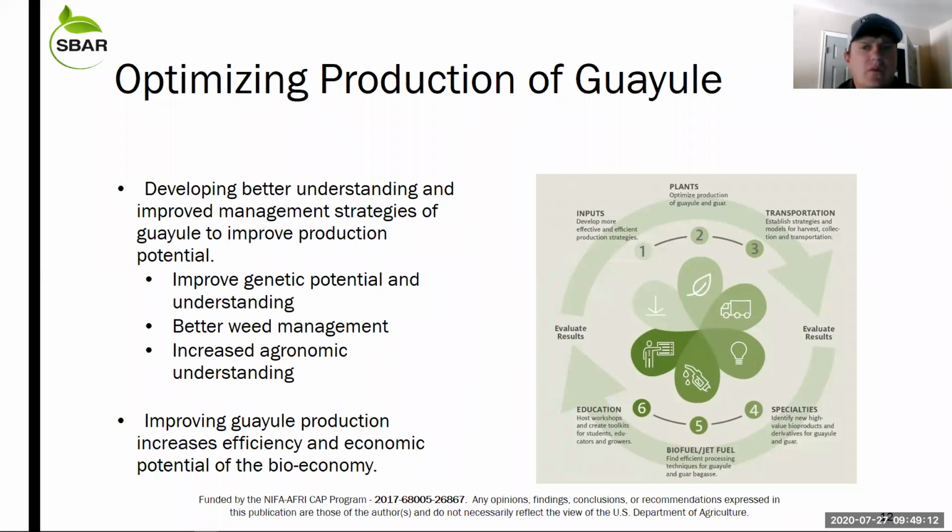And overall, what I'm focusing on is just an increased understanding of our agronomics and what it takes this plant to grow, so that we could eventually have the most efficient and highest economic potential for this bioeconomy with Waiuli. Next.